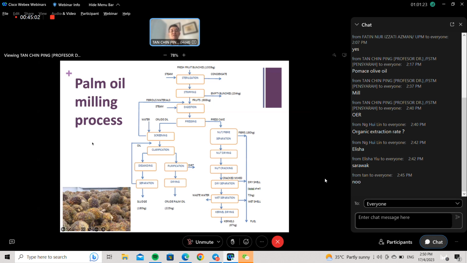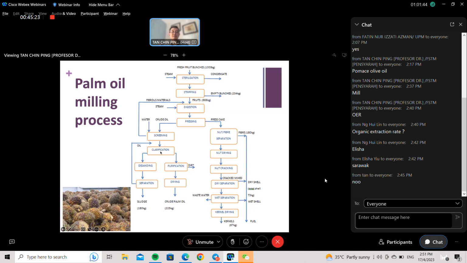So therefore, they are going to add hot water and screen it to remove the sand or stone, the bigger particles, and then let the mixture of hot water and oil stay in the clarification process.